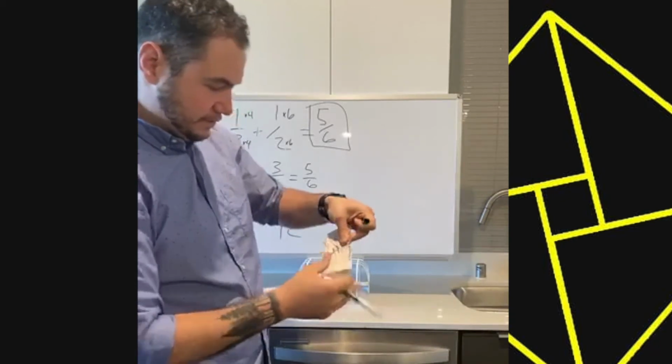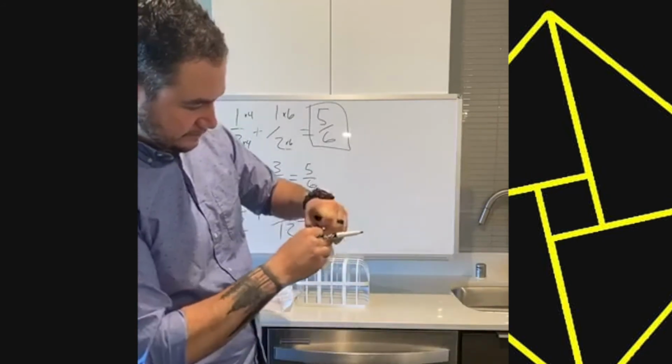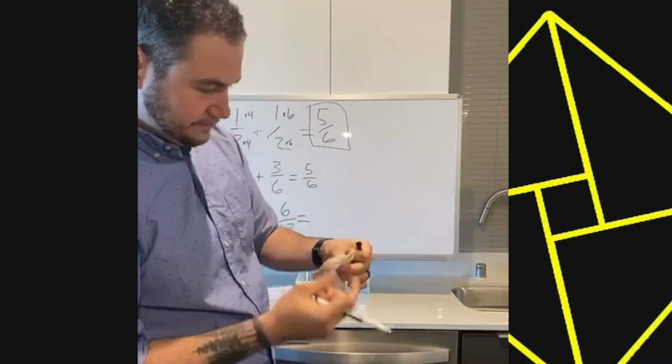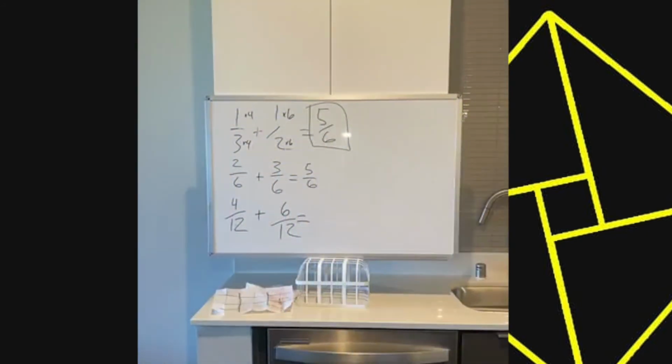And then fold. So now this is 1/6. I fold that in half. And then I can unfold it. And now I've doubled my 6 pieces into 12.